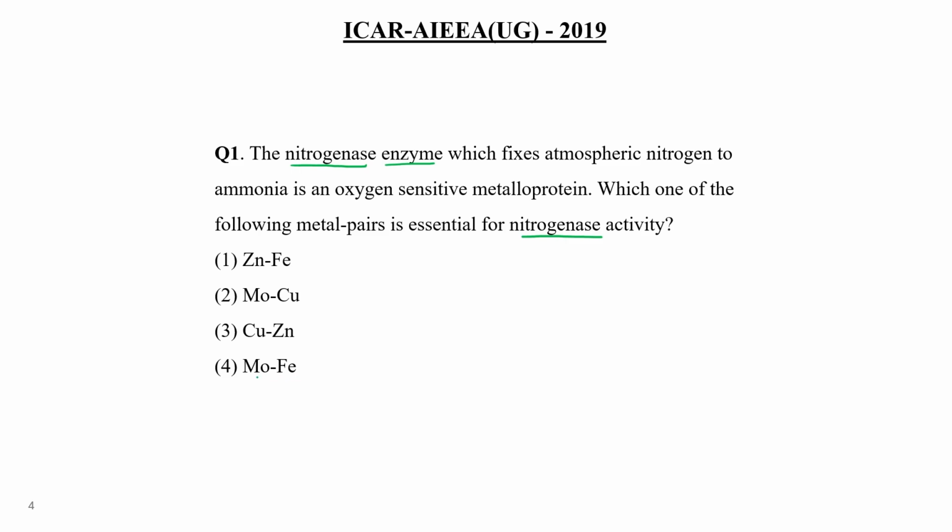Okay, iron and molybdenum, this metal pair acts as a cofactor and it's very important for the activity of nitrogenase enzyme. So choice number 4 would be the correct answer.